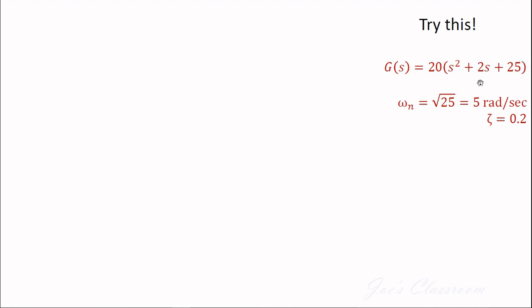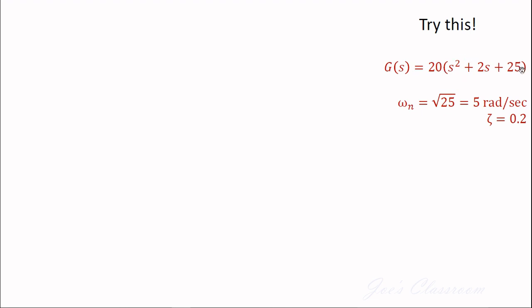If I equate that to 2 zeta omega n and substitute the value of omega n equal to 5, I can find the zeta value as 0.2. This zeta equal to 0.2 is obviously lesser than 1, or it falls in the range of 0 to 1, and therefore this quadratic polynomial is going to result in complex conjugate zeros.